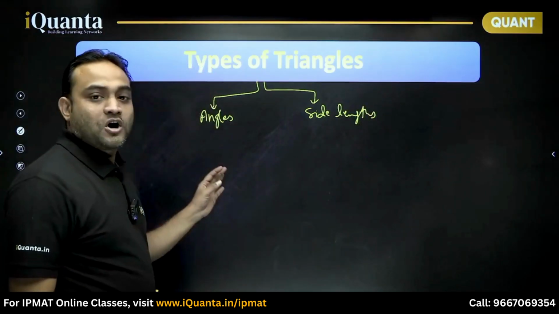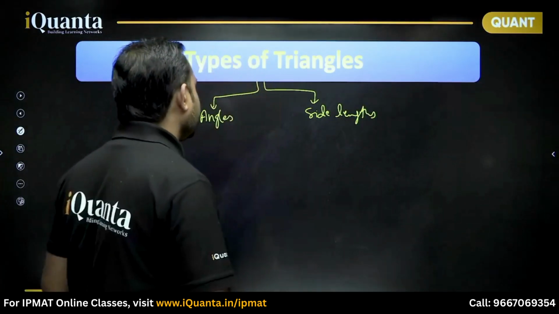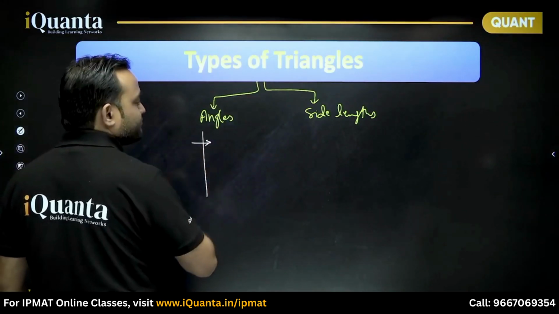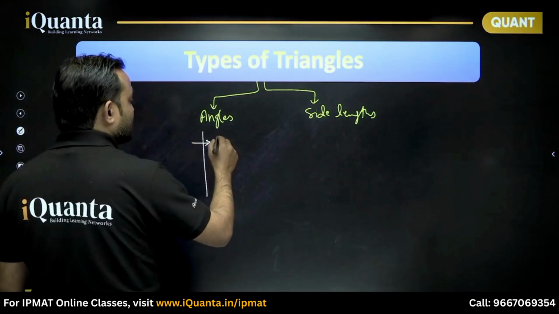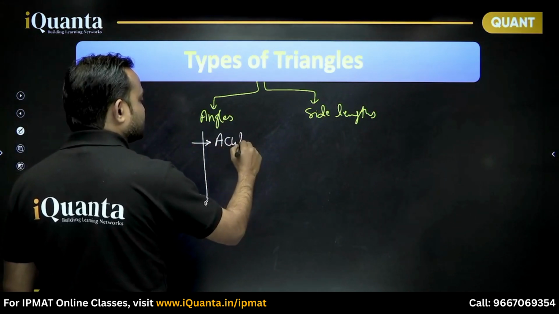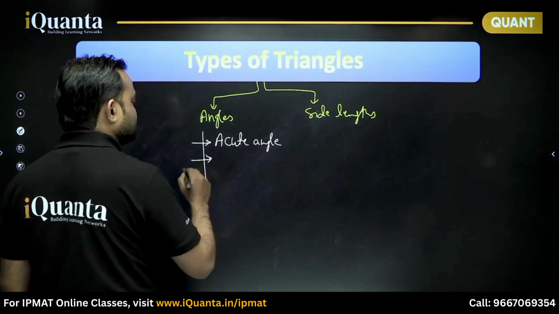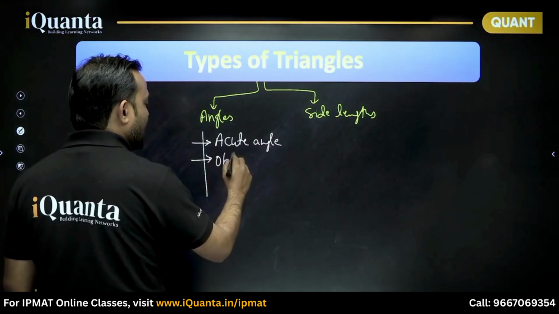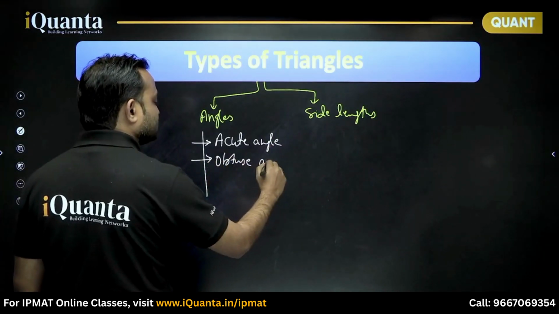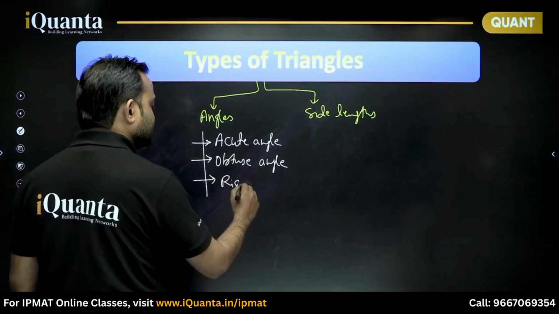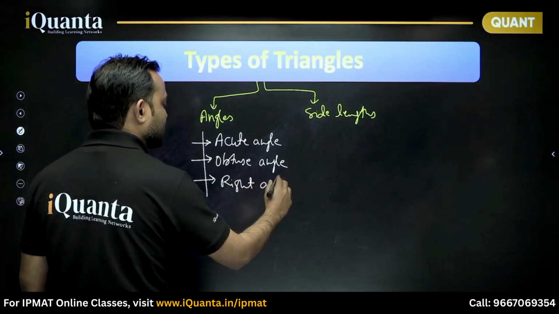If we talk about angles, there are three different kinds of triangles. One of them is acute angle triangles. And next is obtuse angle triangle, and the last one is right angle triangle.